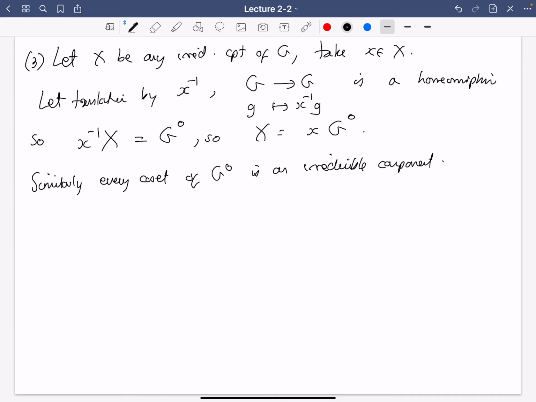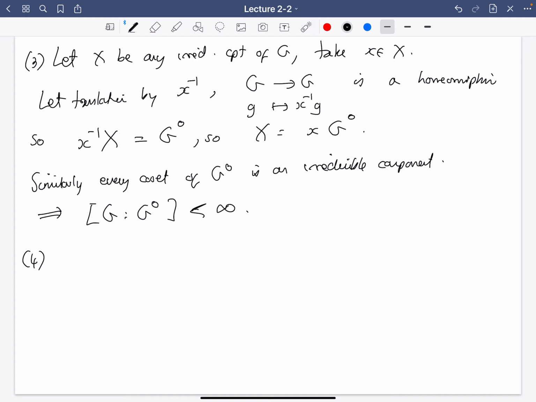This shows that the irreducible components of G are exactly the cosets of G0, and since this is a Noetherian topological space, there's just finitely many irreducible components, so this gives the finite index of that normal subgroup as well. And then, as I already explained, it follows that G0 is also the connected component of G containing the identity.